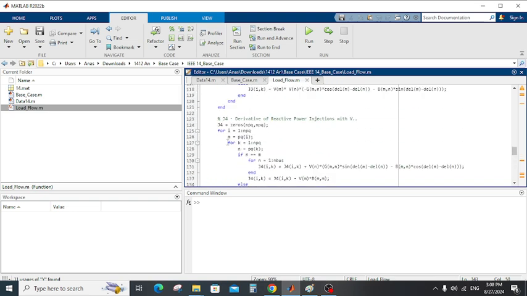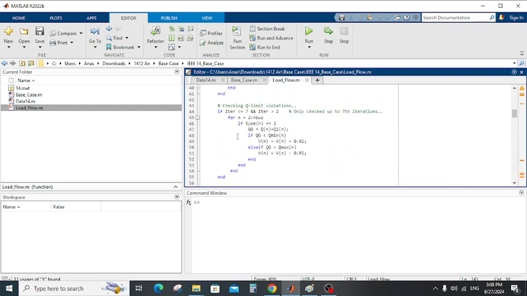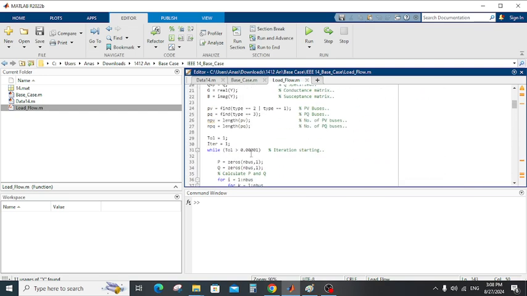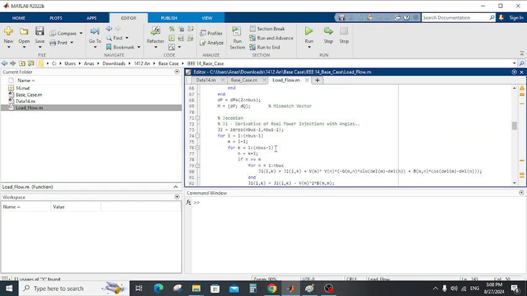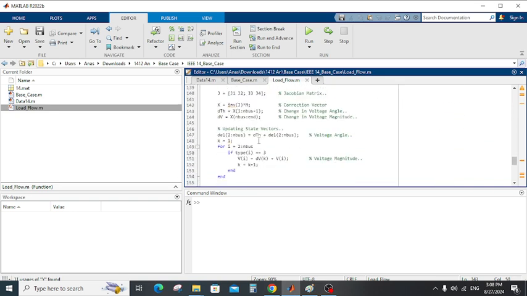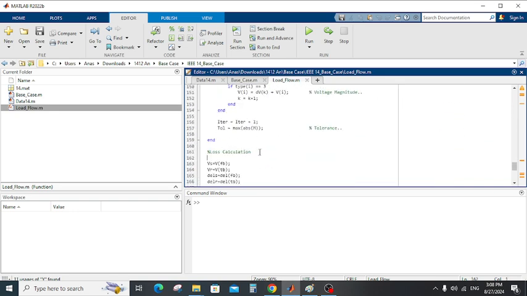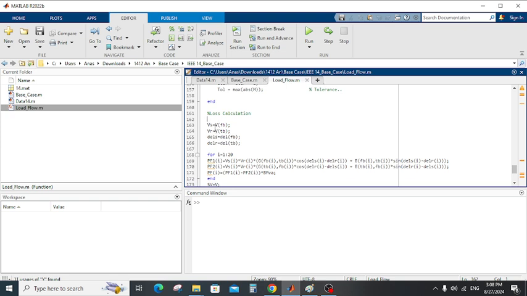If the tolerance is not less than 0.00001, the iteration will repeat. But if it is less than 0.00001, the iteration is closed and we go out from this iteration to calculate the losses. Now we have voltages.